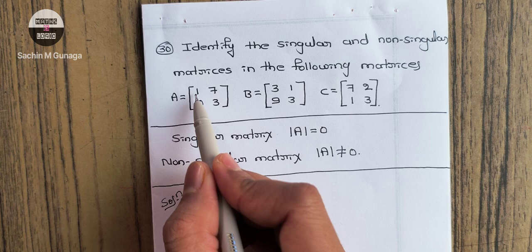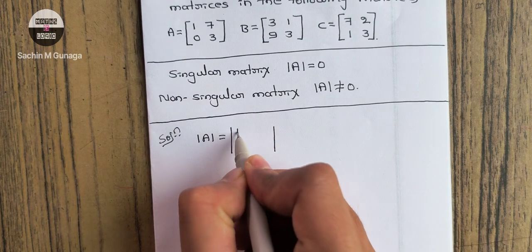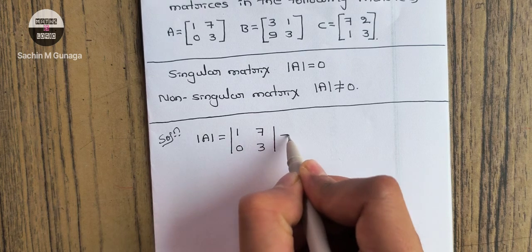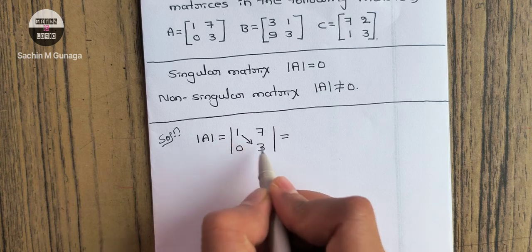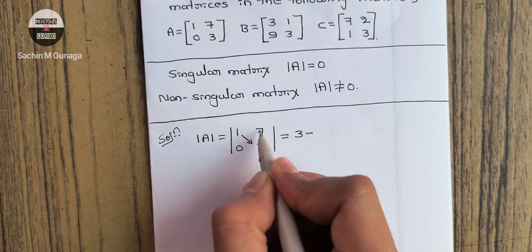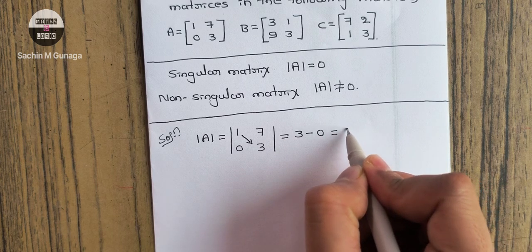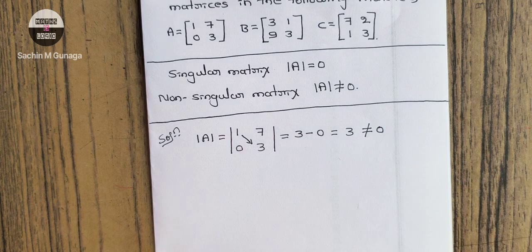We know the A value is [1 7; 0 3]. Apply the second order determinant rule, cross multiplication, middle minus sign. 1 into 3 is 3, middle minus sign, 0 into 7 is 0. So 3 minus 0 is 3. So this is not equal to 0.